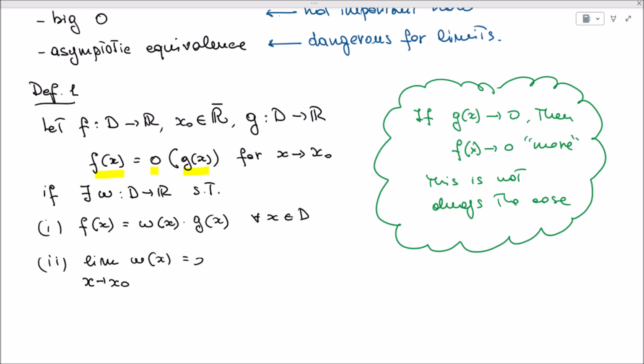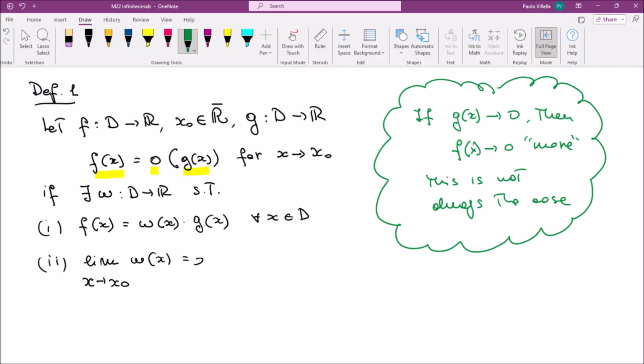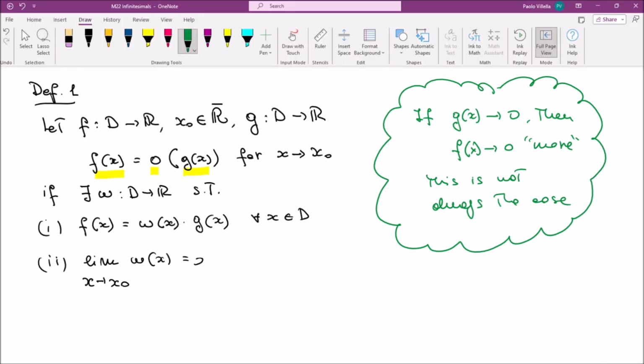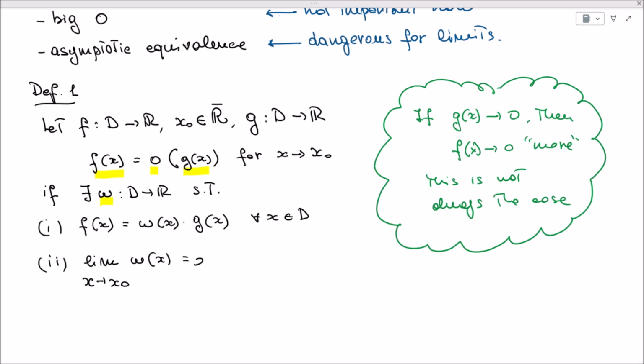Given a function f of x, given another function g of x, we can say that f of x is small o of g of x if there exists a third function omega that satisfies these two conditions, 1 and 2.